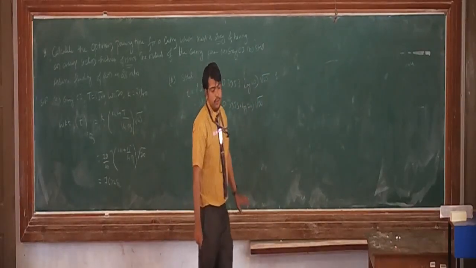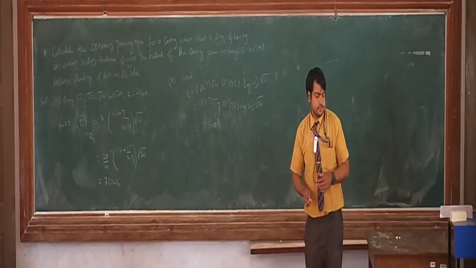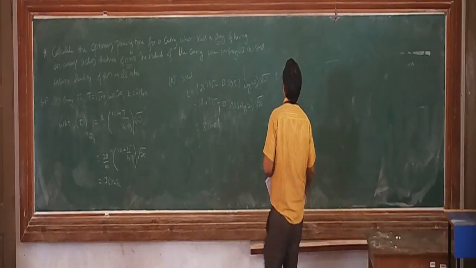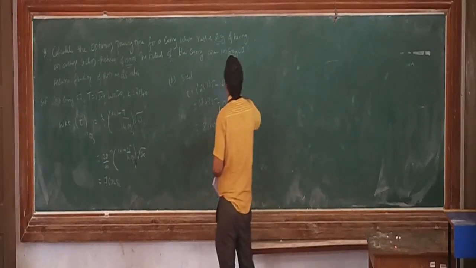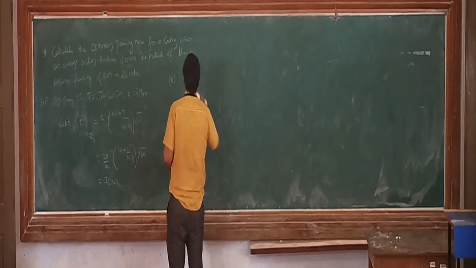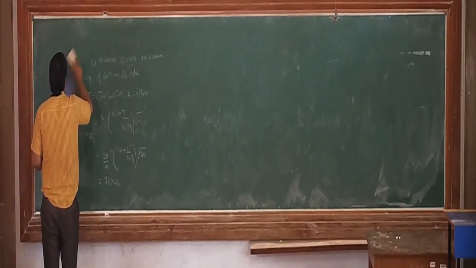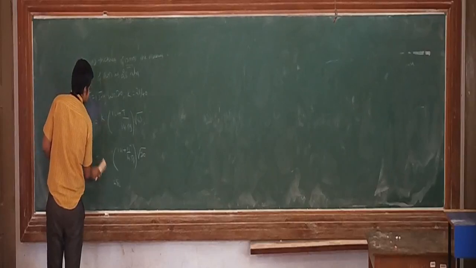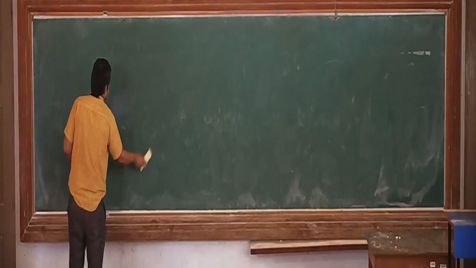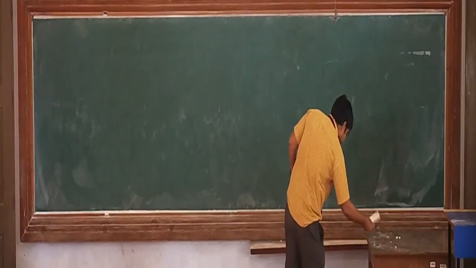Okay, so this is how we find the pouring time. Next one is choke area.